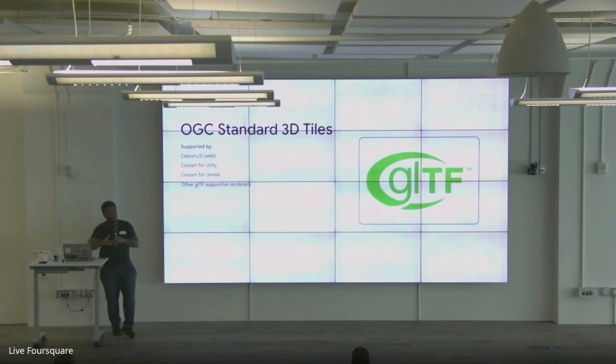Or if you want to, there's a 3D tile spec, you can build your own implementation from the ground up. And with this direct access to our tile data, developers get more flexibility in controlling the visual interfaces and interactions that can be more tailored to your brand or your use cases.